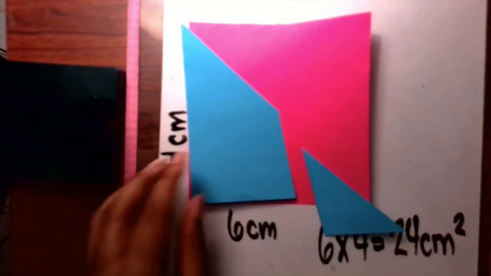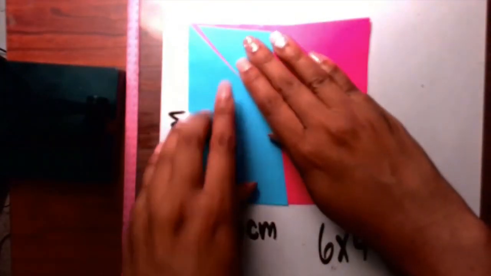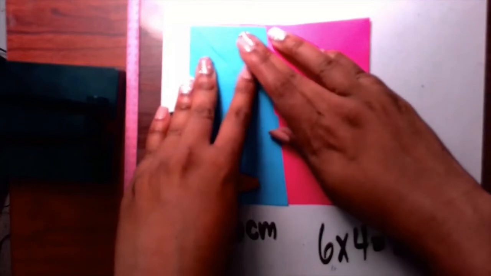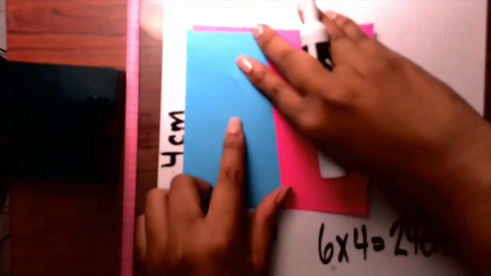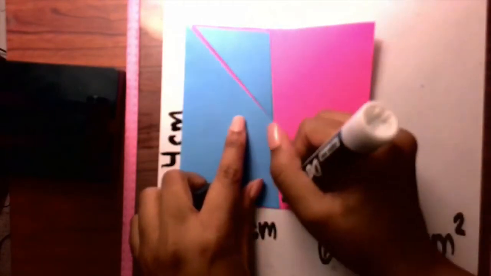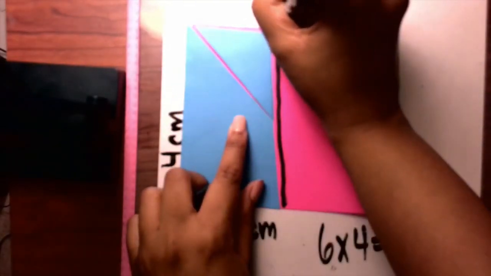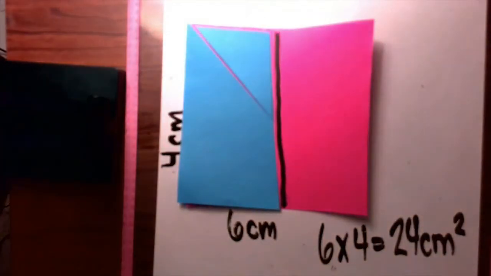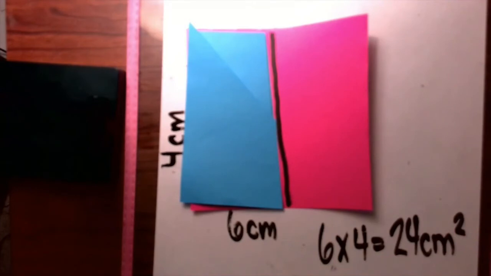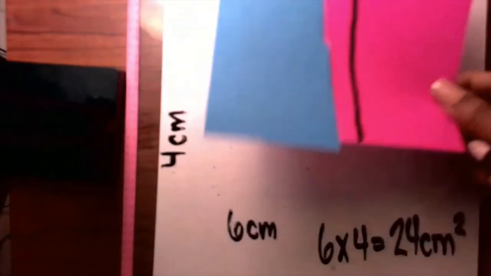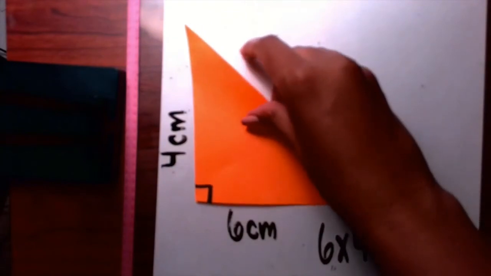I'm going to put one piece there and the other piece here. So you'll see again that the triangle, even when I cut it, is still taking up half of the square. So that's where the half is going to come into play when it comes to our formula.